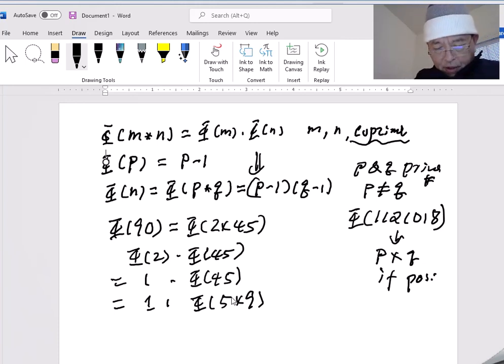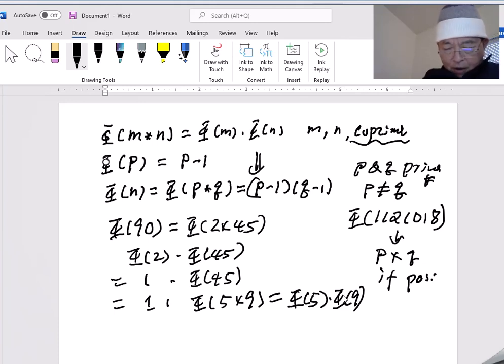But you can do this, so therefore it's equal to this times totient of 9. Then 5 itself is a prime number, therefore 5 minus 1 is 4.